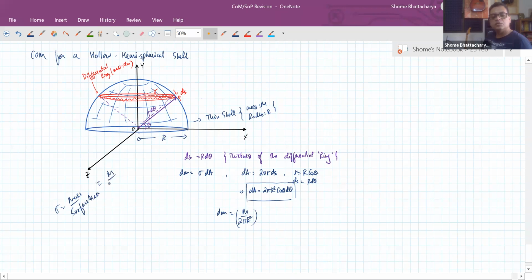That is total mass upon surface area of hemisphere, which is 2 pi R square, into area, which is 2 pi R square cos theta d theta. So you can see that the mass of that differential ring will simply become M into cos theta d theta.